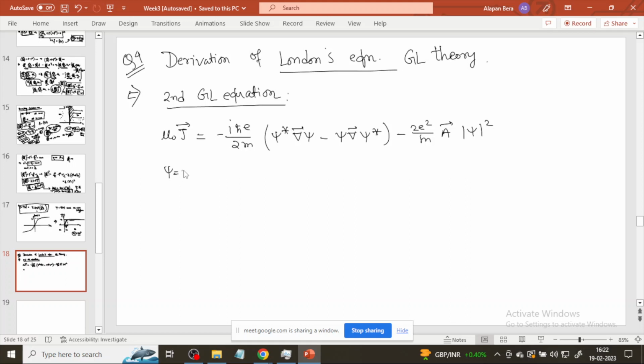And the form of psi we know is this. So now we put the form of this psi again into this equation.